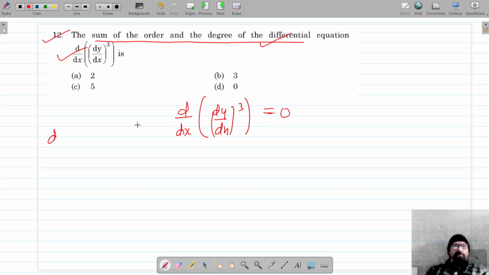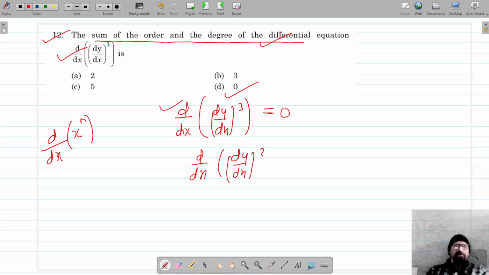And d by dx means we have to find the differentiation of this. Now, this is of the form x raised to the power n, so I can write it as d by dx of (dy by dx) the whole cube. Now it is of the form d by dx of x raised to the power n, and we know that the differentiation of this is n into x raised to the power n minus 1.